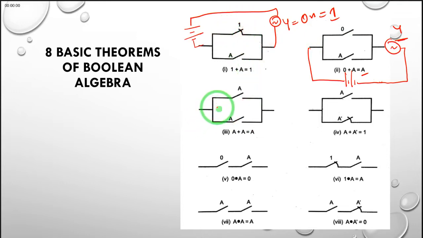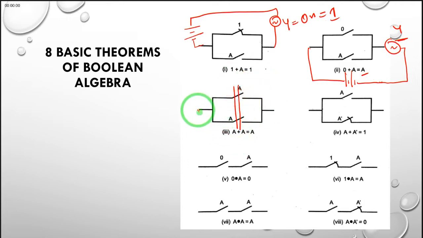Another of the 8 Boolean theorems is that of, assume that these are switches that have the same label, and therefore if they are the same label, we are saying that they are controlled simultaneously. I normally equate this one to a double switch, a switch that will connect 2 connections via one turn.